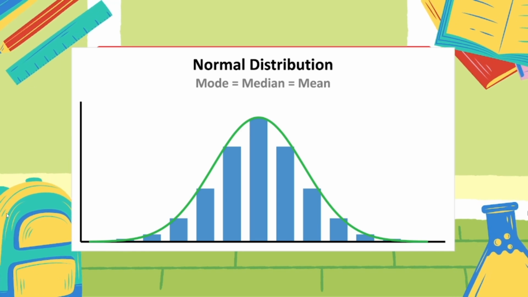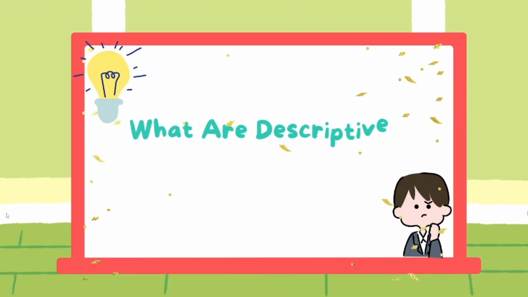What are descriptive statistics? Descriptive statistics are succinct informational coefficients that provide an overview of data, which may be a sample of the population or a representation of the complete population.